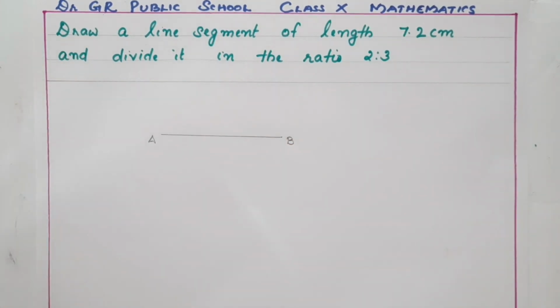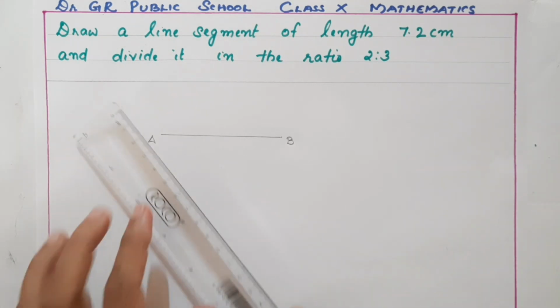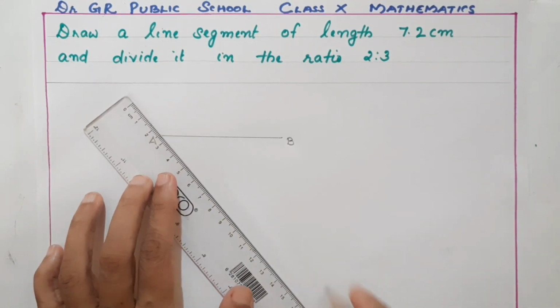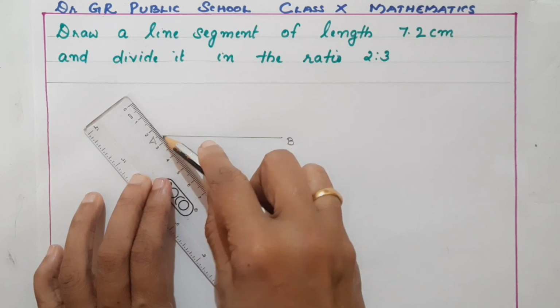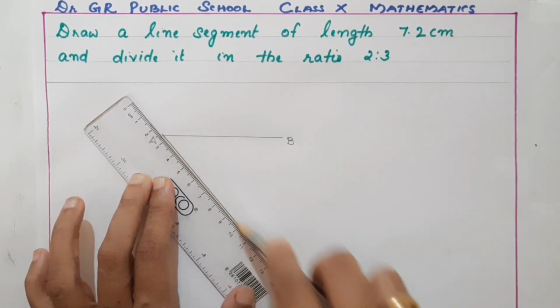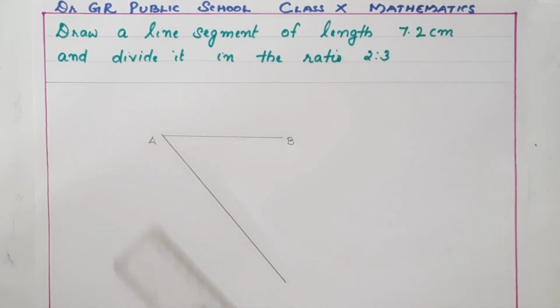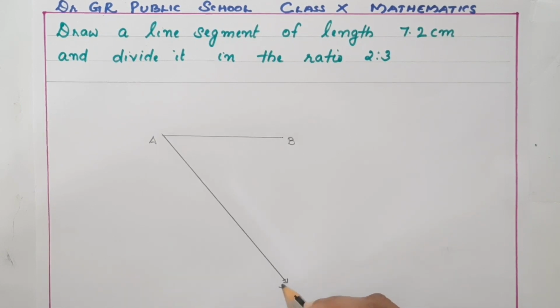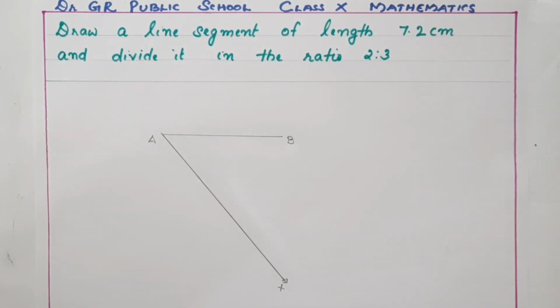Then what we have to do? We have to draw a ray which makes an acute angle with this AB. So we can draw another ray like this. So I marked it as here X. Then what is the next step?